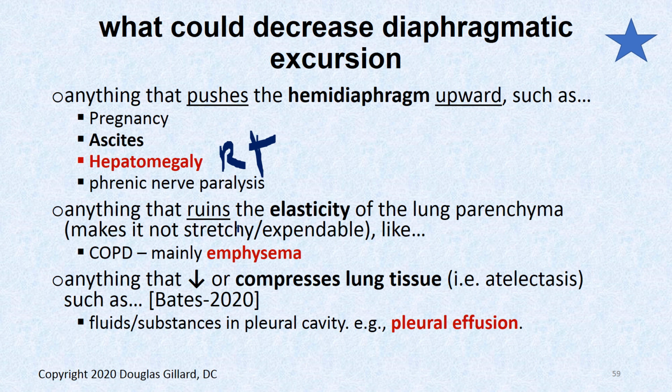Anything that ruins the elasticity of the lung, mainly emphysema, will also decrease the ability of the lung to expand. Anything that compresses lung tissue, like an atelectasis, will also decrease the excursion.